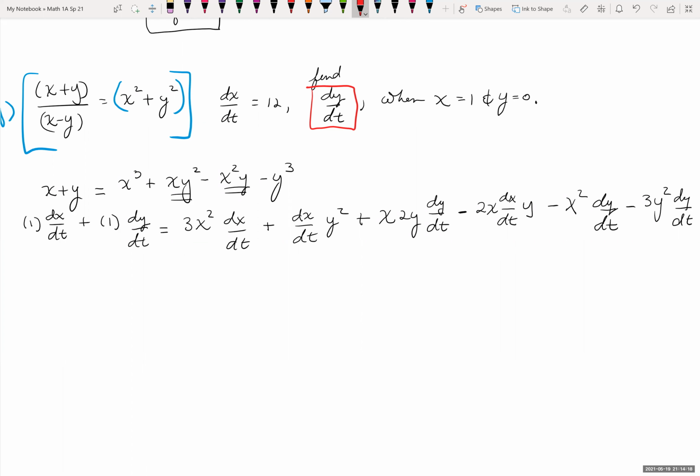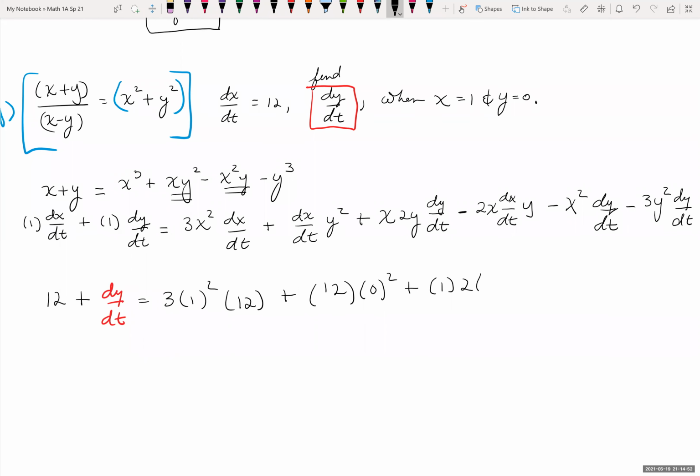And so dx dt here is 12 plus 1 times dy dt, which we're trying to find, is equal to 3 times x, which is 1 squared, dx dt, which is 12, plus dx dt, which is 12, times y squared, so 0 squared, plus x, which is 1, times 2 times 0.